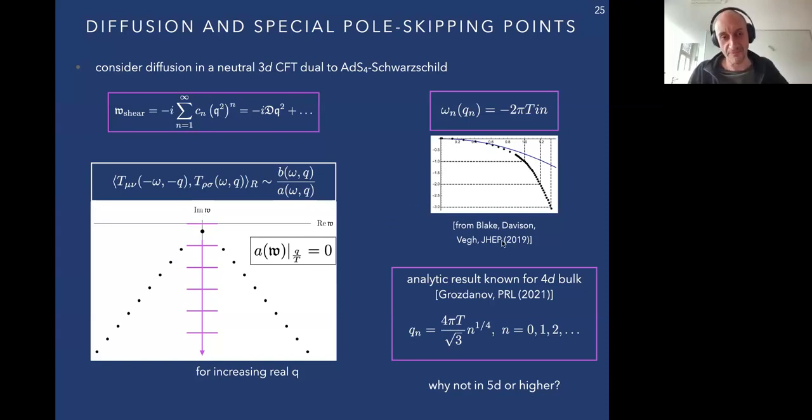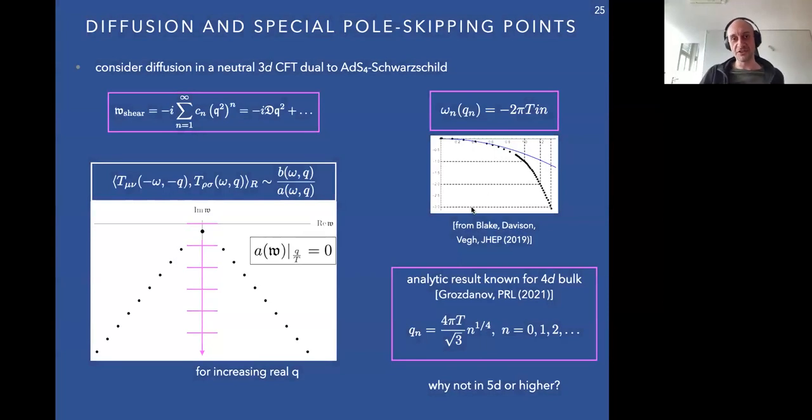There's a very nice picture from Blake, Davison, and Vegh, the paper where they showed the most efficient method for finding these pole skipping frequencies at higher Matsubaras. You should disregard this line and just look at the dots. The dots are the actual positions of the diffusive dispersion relation, and it goes through the pole skipping points along some curve. What I was able to see, which I was quite intrigued to find, is that for 4D bulk, actually the theory that I was reconstructing before, right?